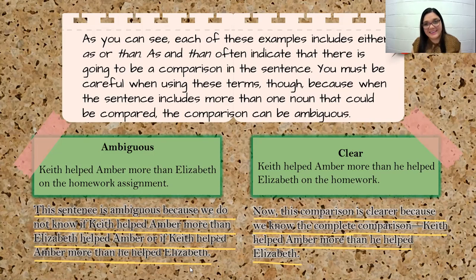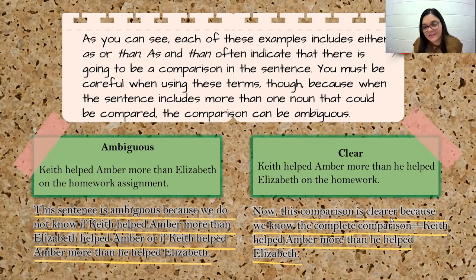Kind of ambiguous, right? Confusing. Keith helped Amber more than Elizabeth. Who helped who? It's an illogical construction, and it is mixed. We don't know who is modifying who or who's helping who. And here you have a clear version of this one. Keith helped Amber more than he helped Elizabeth on the homework.